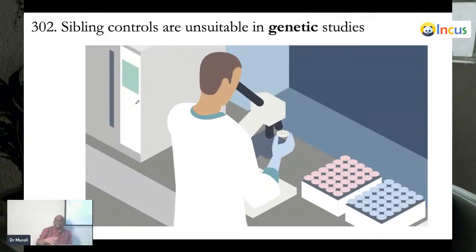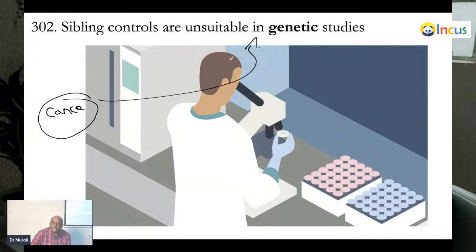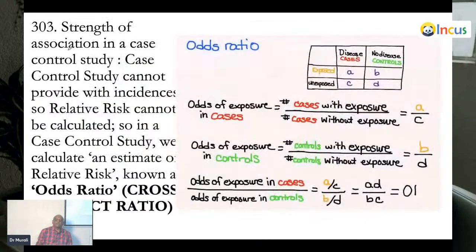If you are doing a genetic study on the effect on cancer, siblings, that is, my cousins who don't have cancer, cannot be taken as controls, because genetically we are already linked to each other, right? So sibling controls are unsuitable for genetic studies.